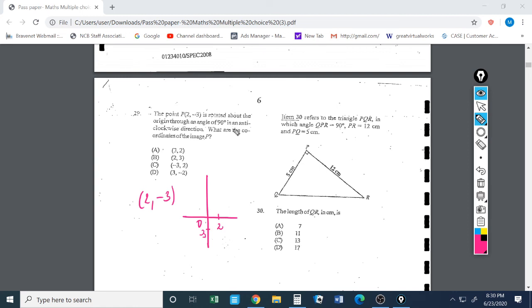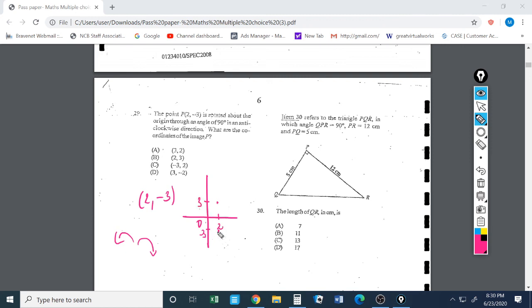Now it says here in an anti-clockwise direction, we actually move this in an anti-clockwise direction. So what would we get? If we move this point here in an anti-clockwise direction, remember clockwise is this way and anti-clockwise is the other way around. So if we move this point up here, we would actually get 2, 3, right?